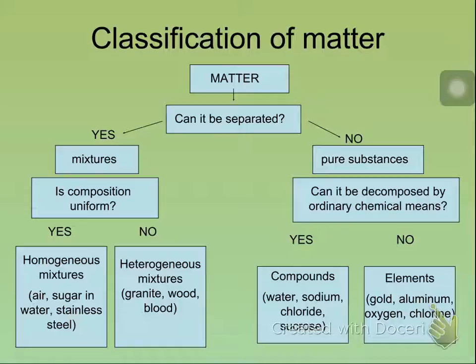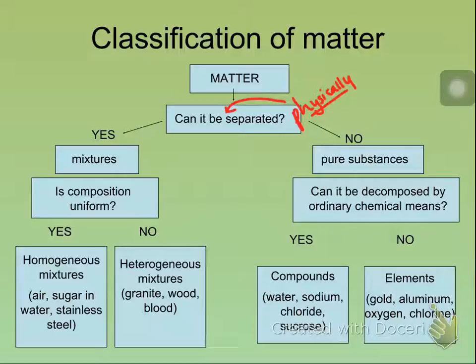And whenever we look at any substance that we're given, when we get a chunk of matter, we look at, can it be separated, and this should probably say physically. So can it be physically separated? If the answer is yes, it's a mixture.